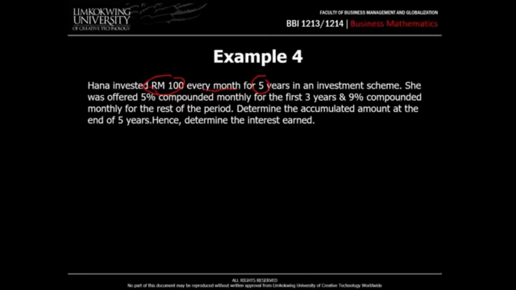She was offered 5% compounded monthly for the first 3 years and 9% compounded monthly for the rest of the period. Determine the accumulated amount, meaning the future value, at the end of the 5 years.